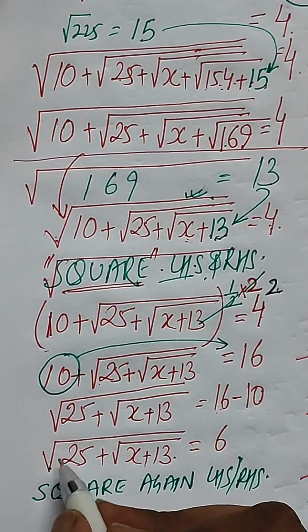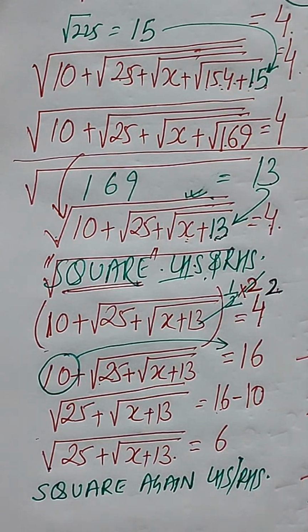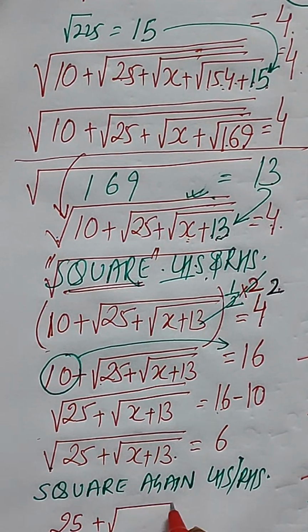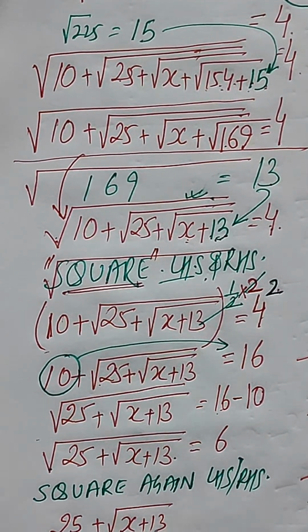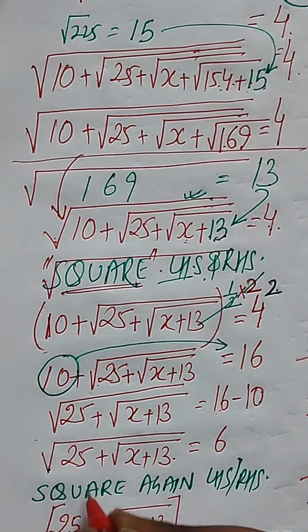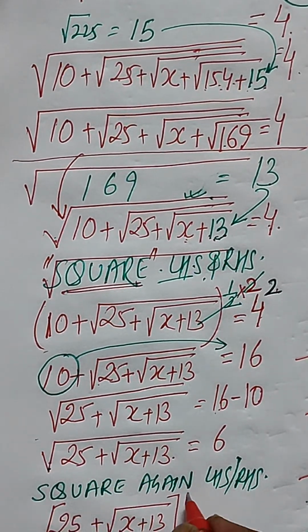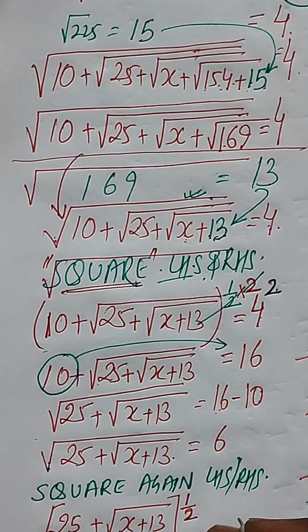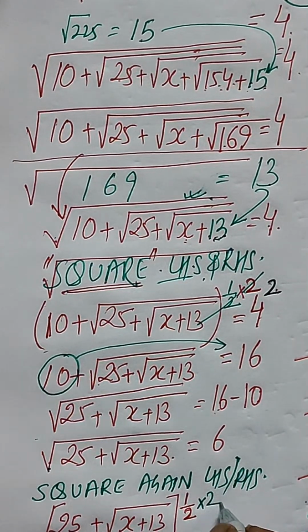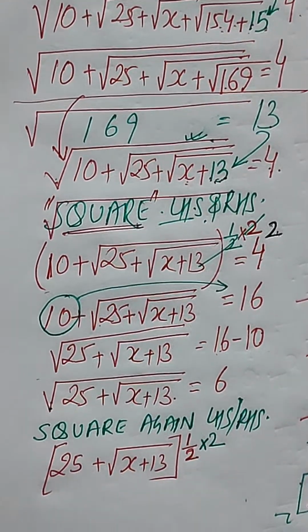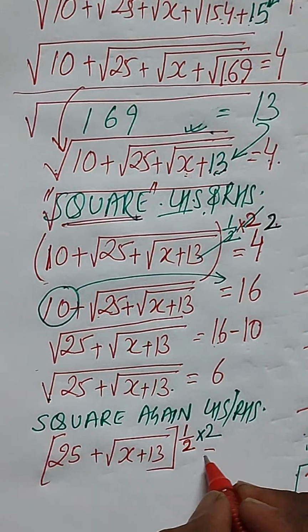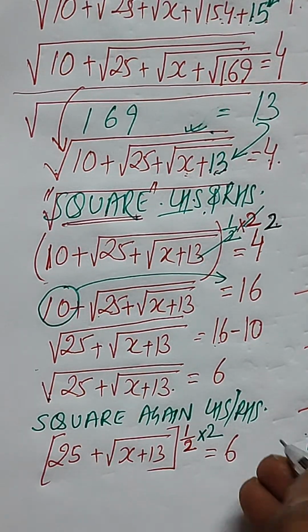When you square it, this will look like 25 plus root over x plus 13, because the root is already present here, represented by 1 by 2 in the exponent, and when you square it, this is multiplied with 2, and that is equal to 6 on the RHS.